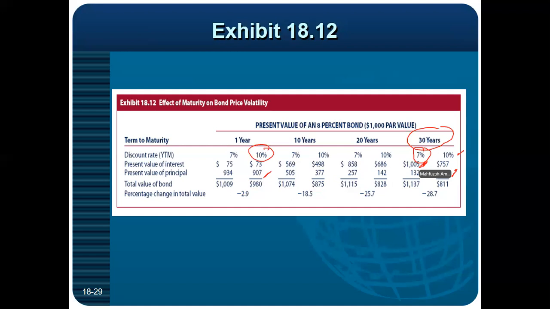It is 132, but for 7% for 1 year, it is 75, and the present value of interest is 75. Present value of principal is 934.